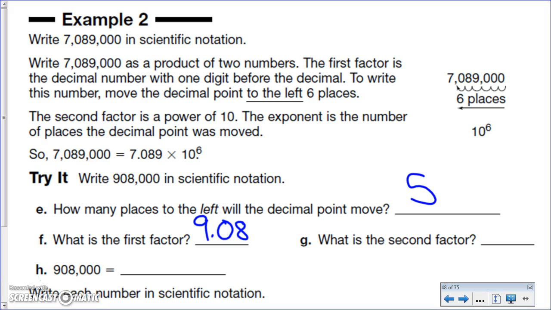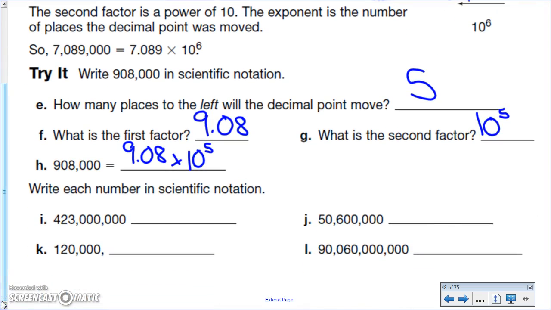Then the second factor is going to become 10 to the 5th, because it tells us the decimal moved 5 places. So then, for H, we're going to write out the whole answer. So 908,000 becomes 9.08 times 10 to the 5th.